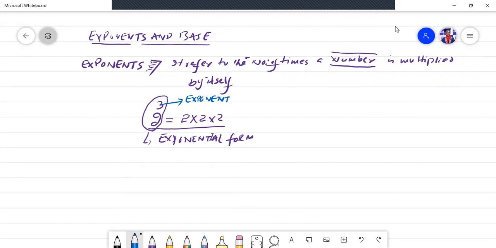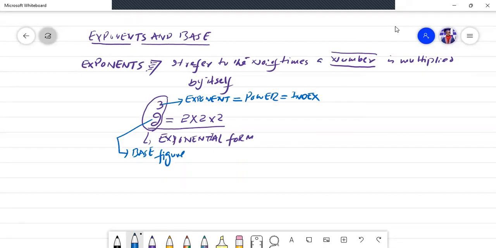This exponent also means the power. This power also means the index. And this 2 is your base figure. It is actually your base figure.